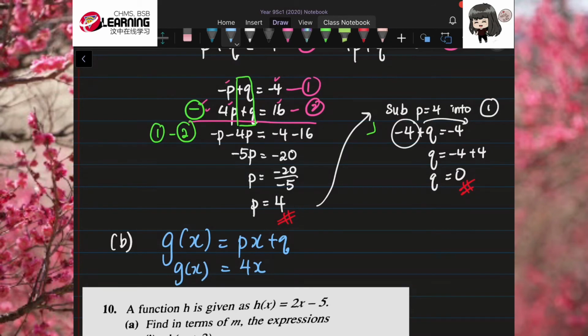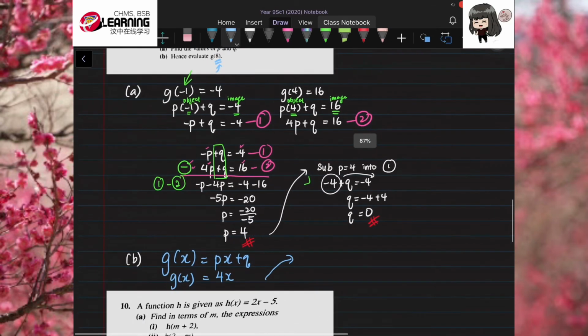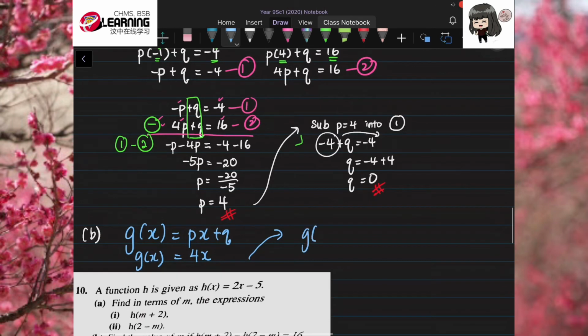So your g of x is 4x. I'll write it here. So we can find g of 8 by substituting into the x here. 4 times 8 gives you an answer of 32. So g of 8 is 32.